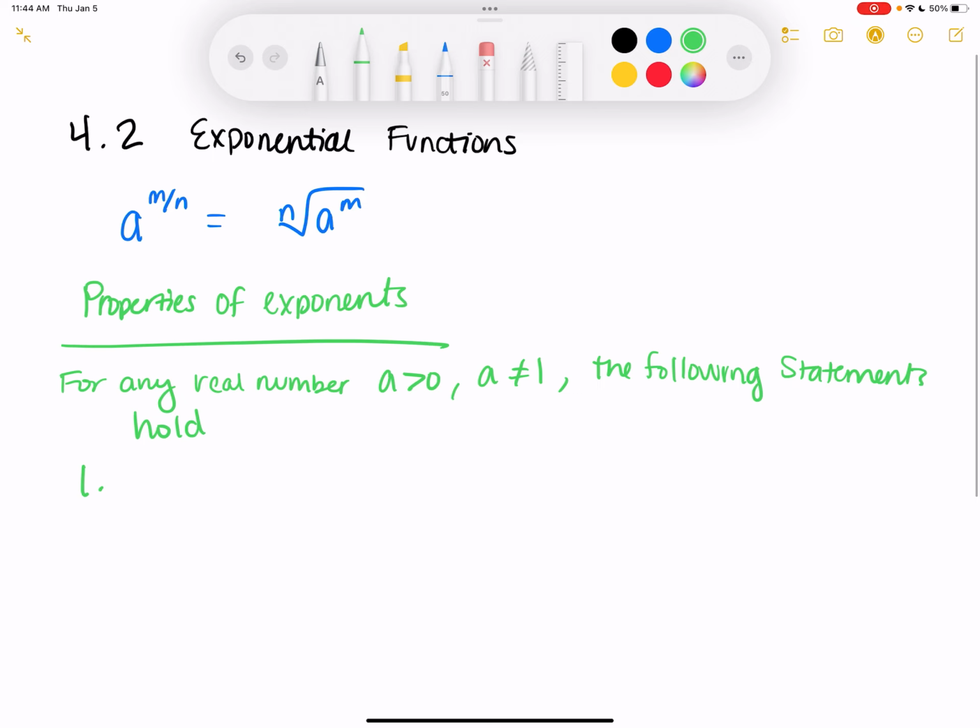First one, a to the x is a unique real number for all real numbers x.